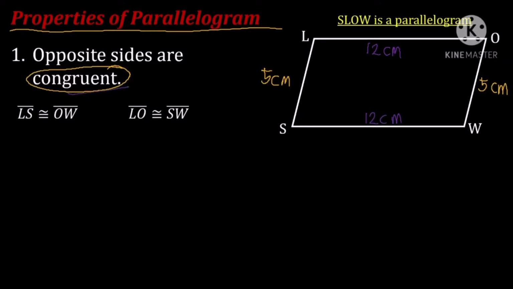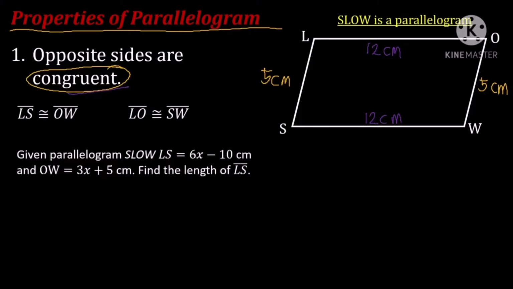Let's have another example. So, given parallelogram SLOW, side LS is equal to 6x minus 10 cm. And side OW is equal to 3x plus 5 cm. Find the length of side LS.